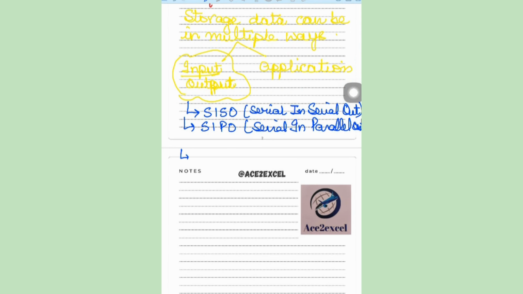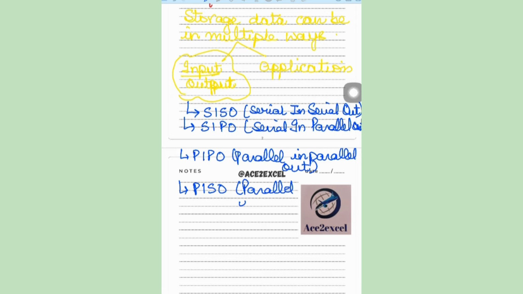Then is PIPO, parallel in, parallel out. And last is PISO, parallel in, serial out. These 4 types are totally dependent upon how data enters.